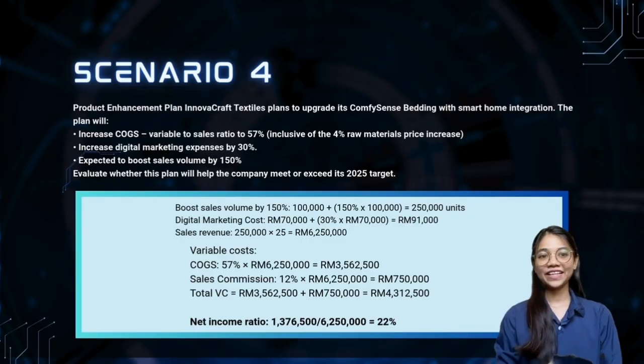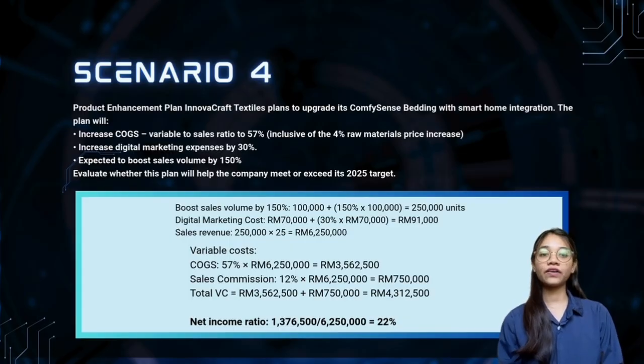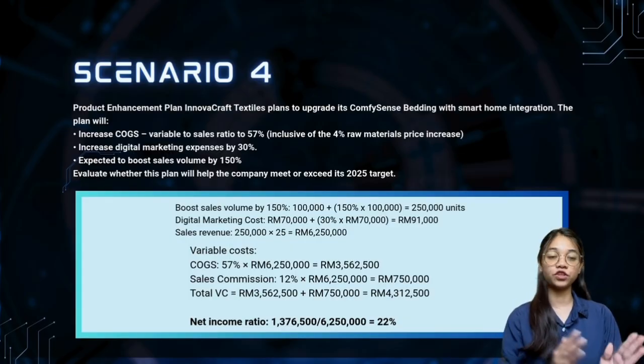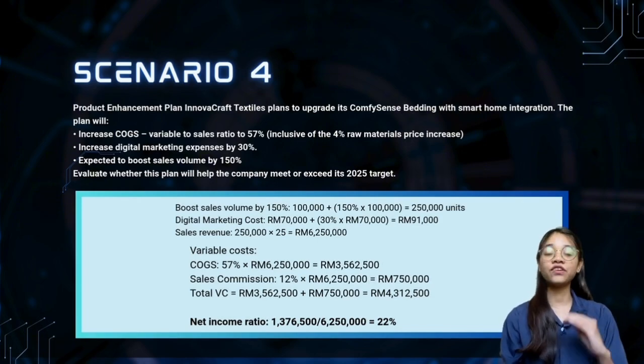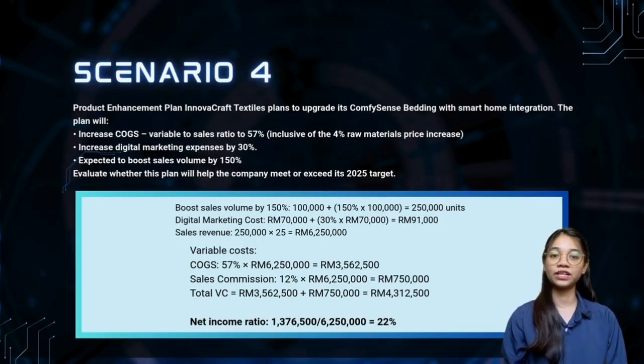Hello everyone, my name is Sheila and my entry number is 303545, and I will be presenting scenario 4, scenario 5 and our group's final recommendation for Innova Craft Textile. In scenario 4, Innova Craft plans to upgrade its bedding product with smart home features. This move is expected to boost sales by 150% from 100,000 to 250,000 units.